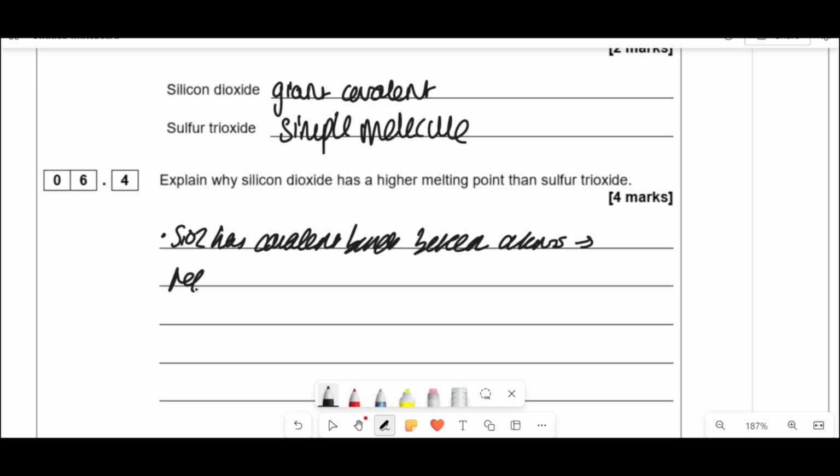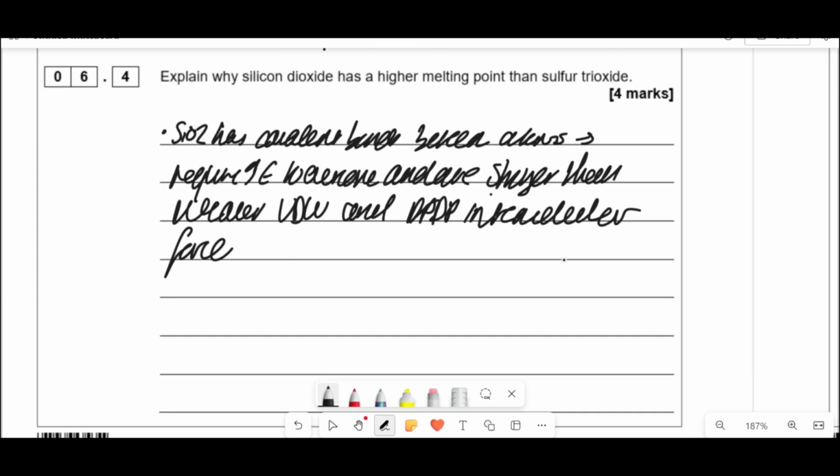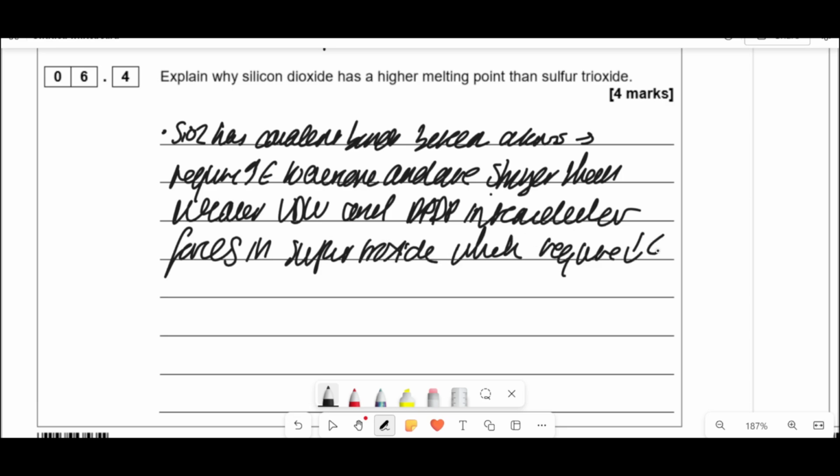They require more energy to overcome and are stronger than the weaker van der Waals and dipole-dipole intermolecular forces. Intermolecular means between molecules. Forces in sulfur trioxide, which require less energy to overcome.